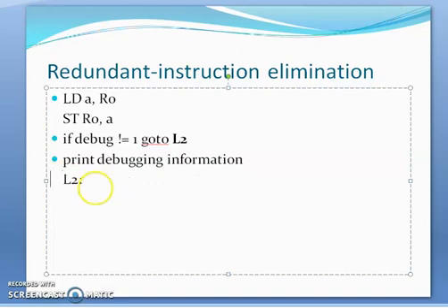That instruction is replaced by: if debug not equal to 1 only, go to L2, otherwise just print the information. Here we are reducing one of the jumps, so that we can eliminate the redundant instructions.